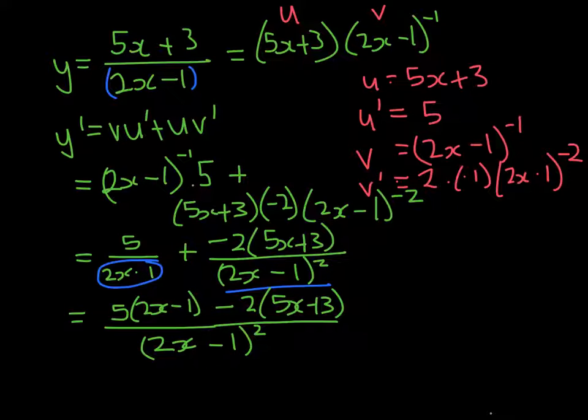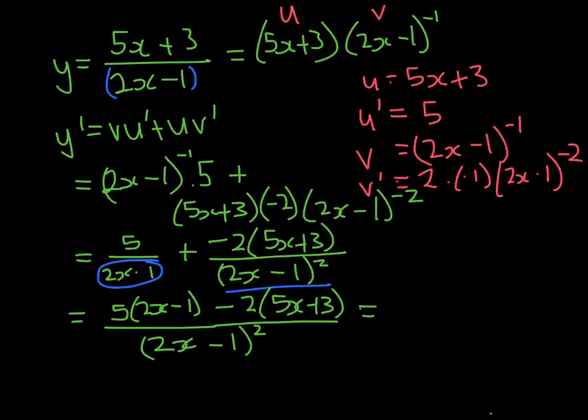And if you expand that and then simplify, you can tidy that up even further, and you'll find that the first set of brackets gives you 10x minus 5. The second set of brackets gives you minus 10x minus 6.